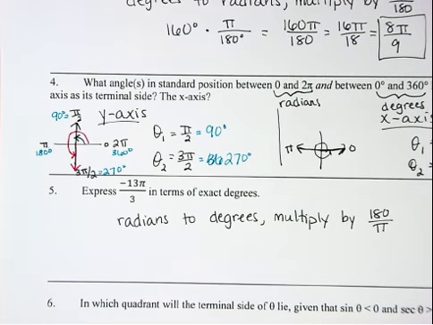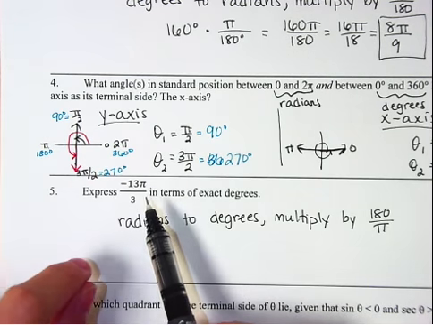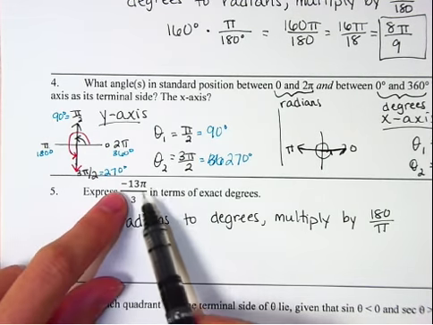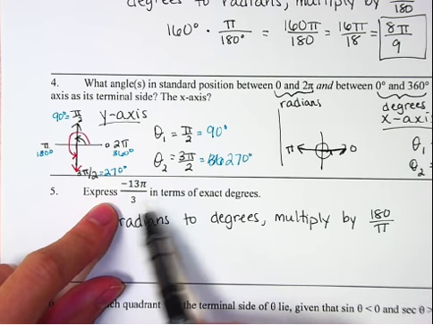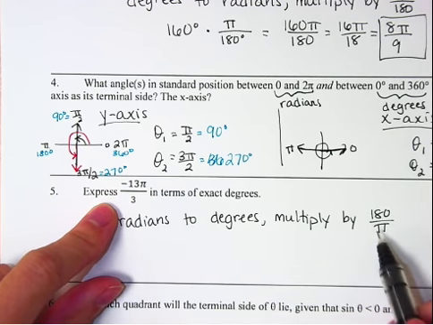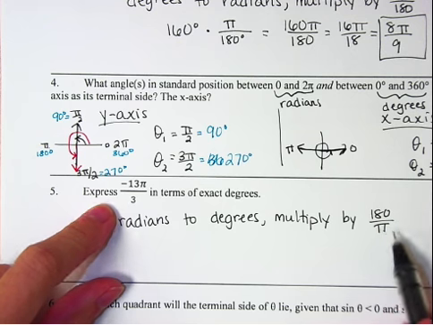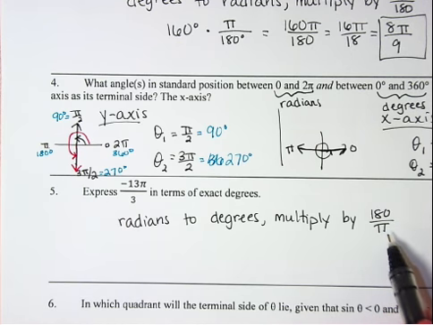And again, you want the units that you're going away from to cancel out. So our radians will cancel out because I have my radians here, and then I'm dividing by my radian unit on the 180 over pi fraction.